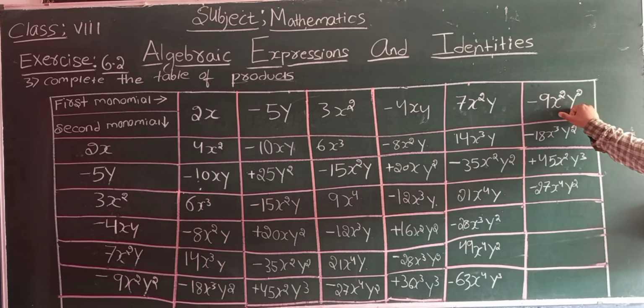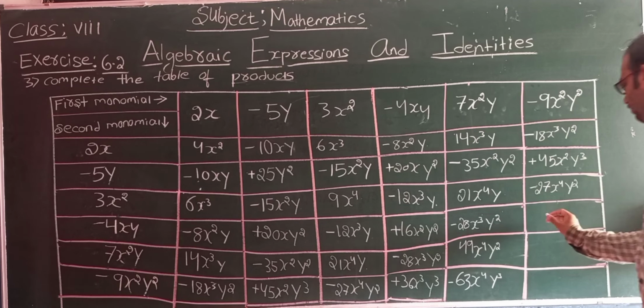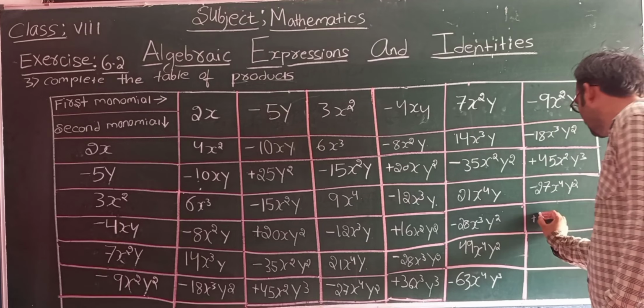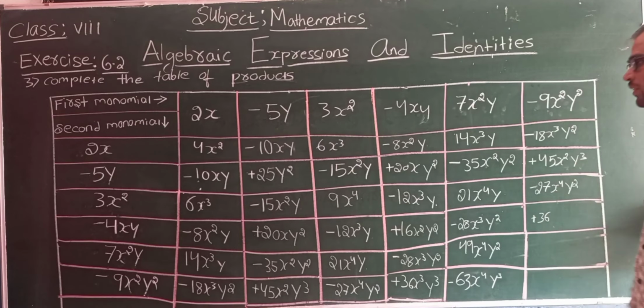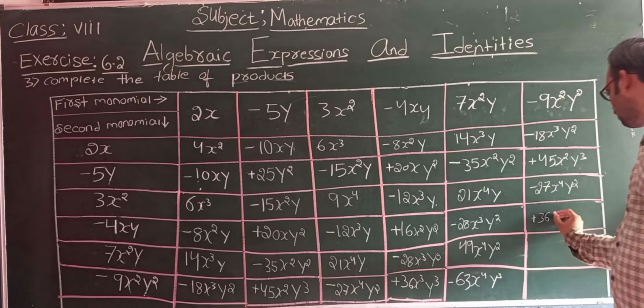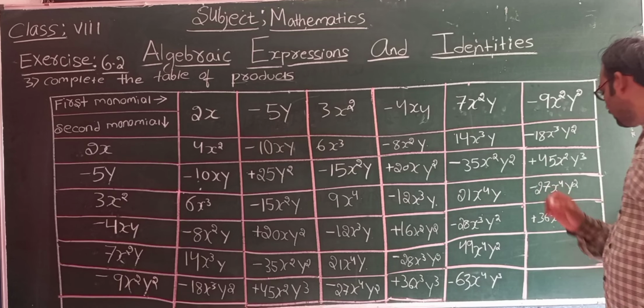Now minus 9x square y square with minus 4x. So minus into minus will be plus, 4 9s are 36, and x square into x will be x to the power 3.